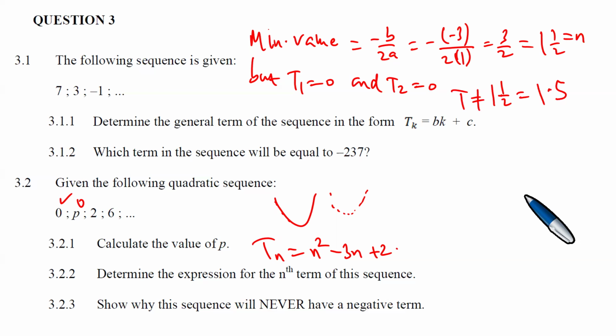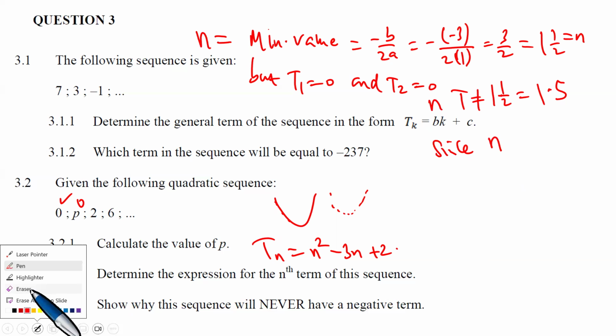It's either term number 1, term number 2, term number 3, and so on. So if we use minus b over 2a to find the value of n, there is either the first term, the second term, the third term, but it can't be 1.5. So n is not equal to 1.5.